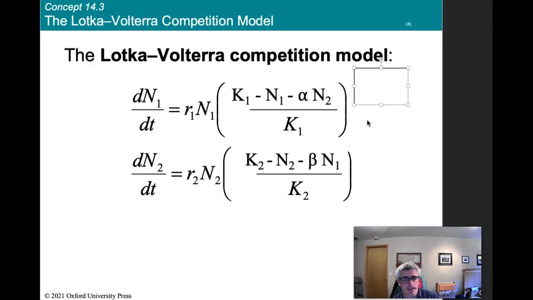One thing to keep straight here is that when we're trying to estimate or model the population N1 for our population 1, we need to take into account the competition coefficient for population 2, in this case alpha, times the number in population 2.